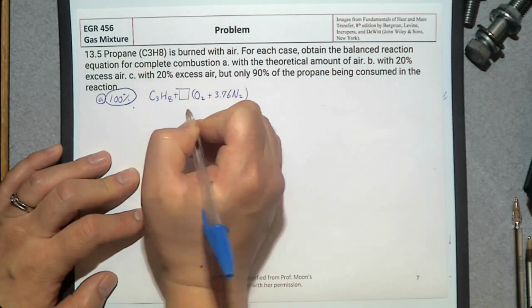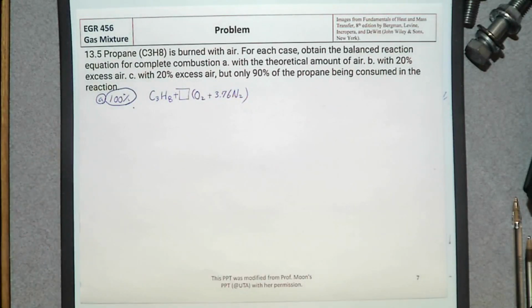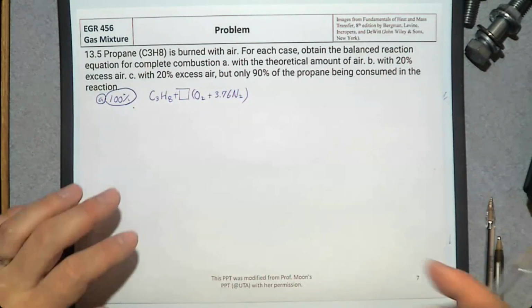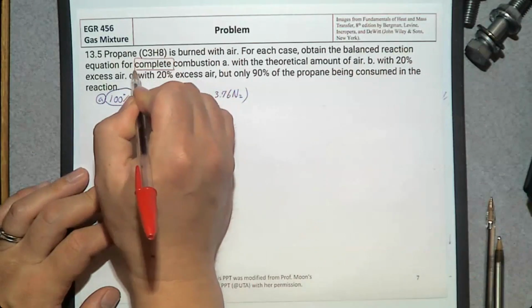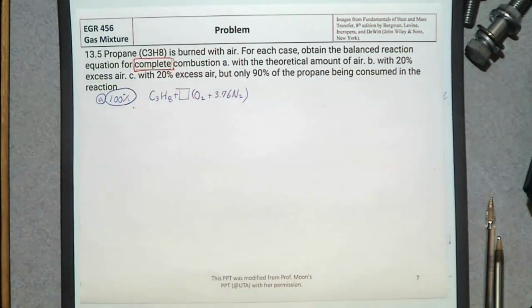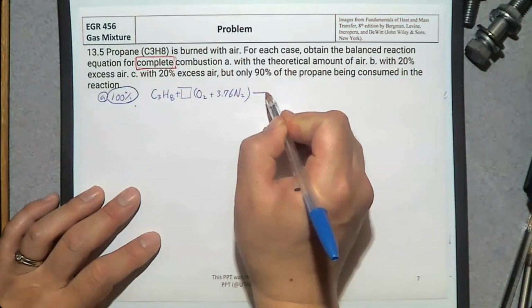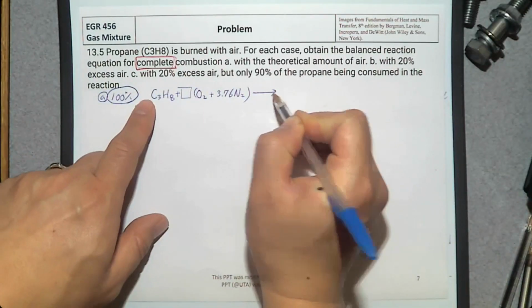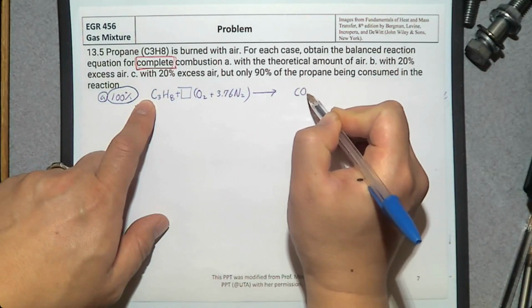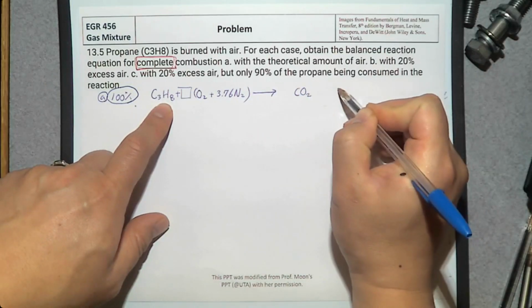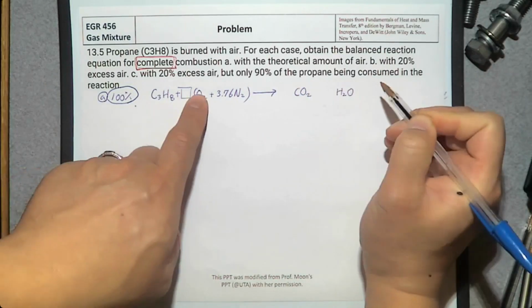We do not know how many moles of air are there. And if it is complete combustion, that means carbon becomes carbon dioxide, not carbon monoxide. So after the reaction, this carbon becomes carbon dioxide, this hydrogen becomes water, and oxygen.